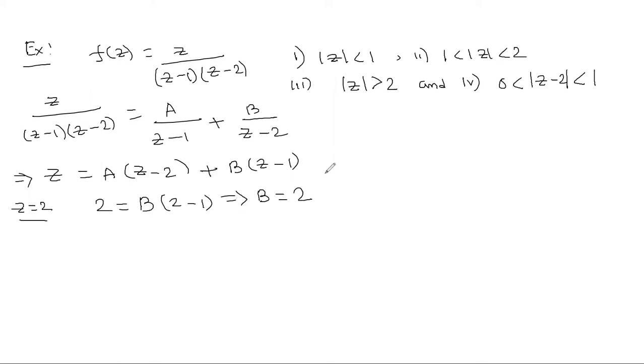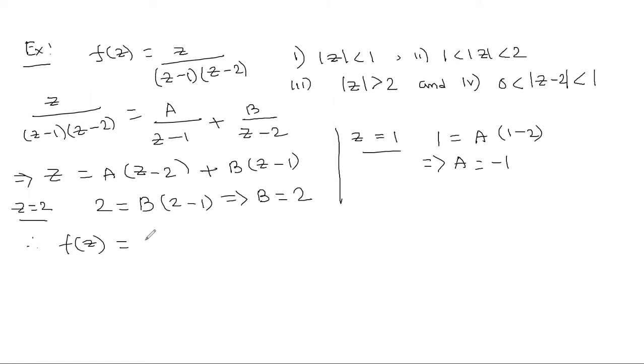Next, if we put z equal to 1 here, then we'll get 1 equal to a times (1 minus 2). So a is equal to minus 1. So our function f(z) becomes 1 by (1 minus z) plus 2 by (z minus 2).